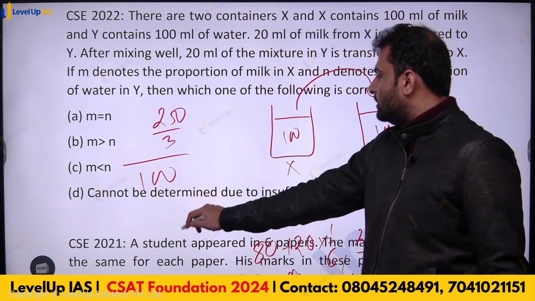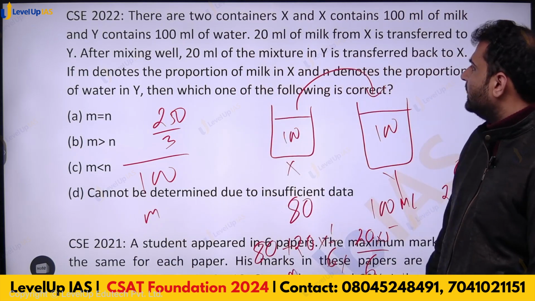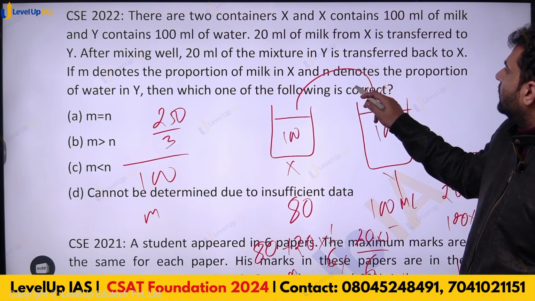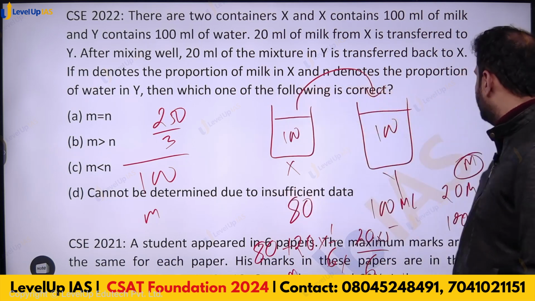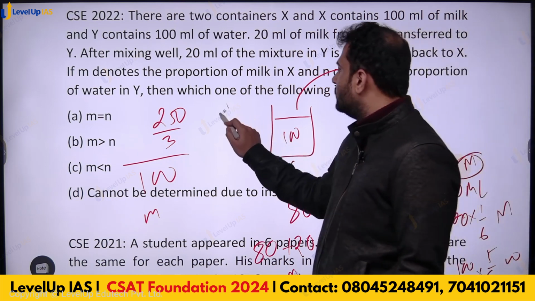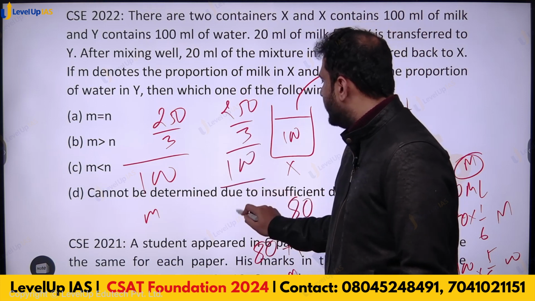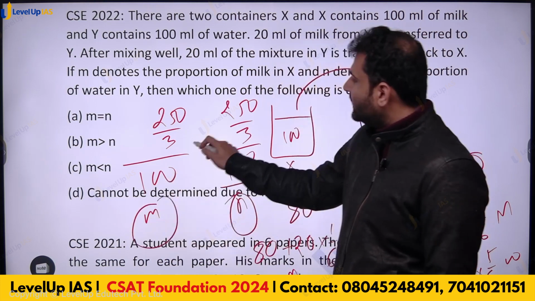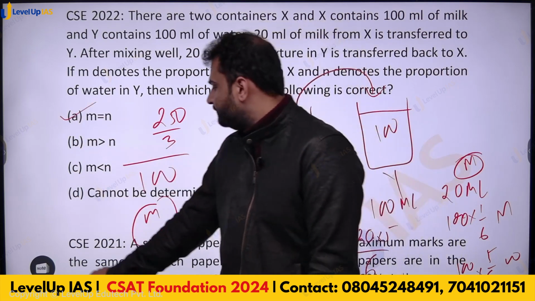This is M, the proportion of milk in container X. N denotes the proportion of water in Y, which is 100 into 5/6, which is 500/6 or 250/3. So 250/3 by 100 is N. You can see that both quantities are the same. That is why M is equal to N.